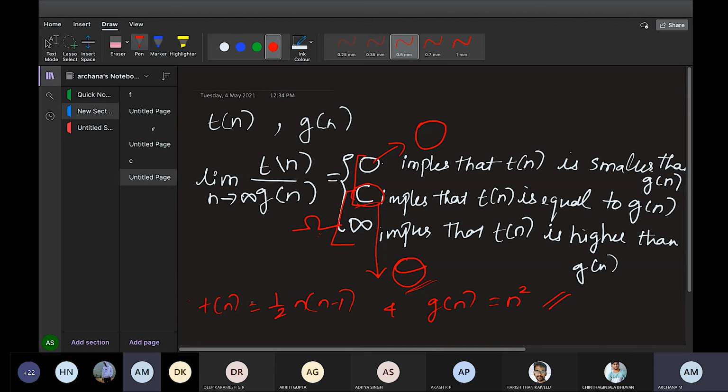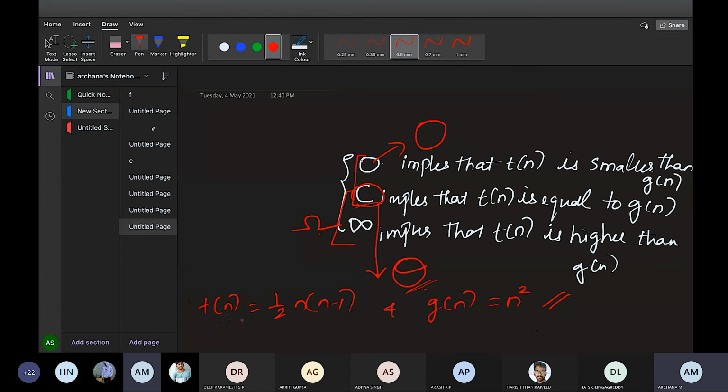So t1 of n and t2 of n are given like this: 1 by 2 n into n minus 1, and g of n equals n square. Now you have to find which bound these two functions belong to, whether big O, omega, or theta. We calculate this with the help of limits.